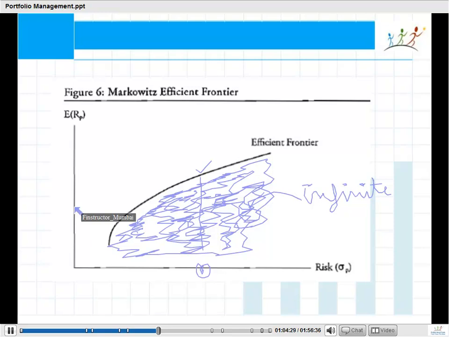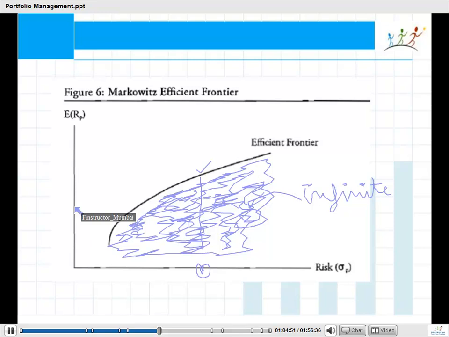So the Markowitz efficient frontier is defined for a portfolio of risky assets. That is, there is no risk-free asset available, which is not a correct assumption because in the real world we do have risk-free assets available. Government securities, government bonds are considered risk-free.